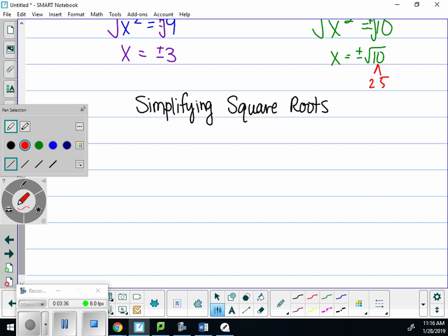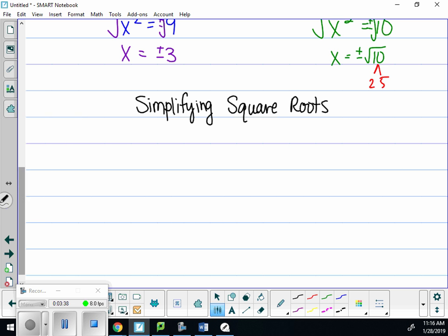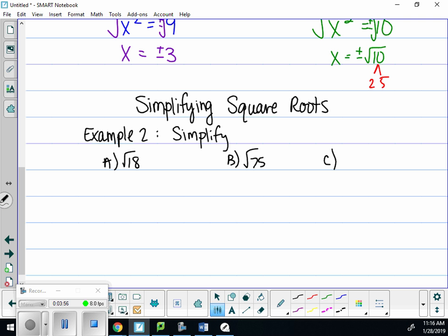However, what if we had something like the square root of 50?